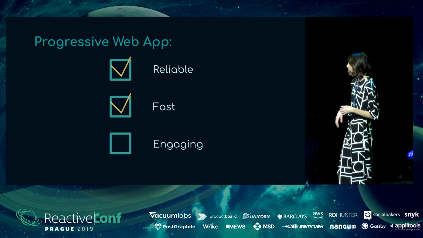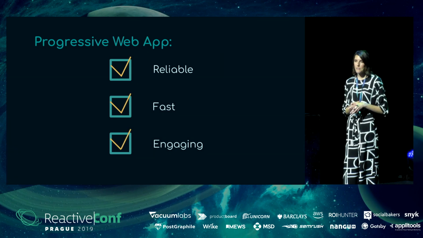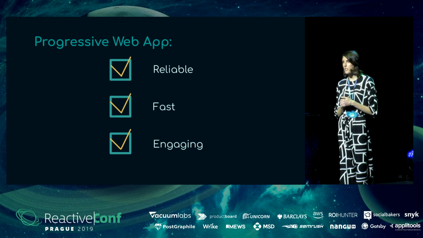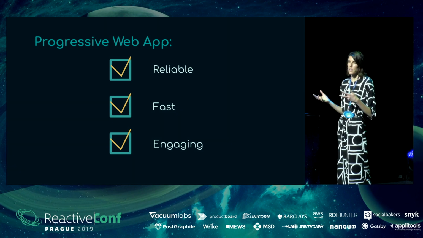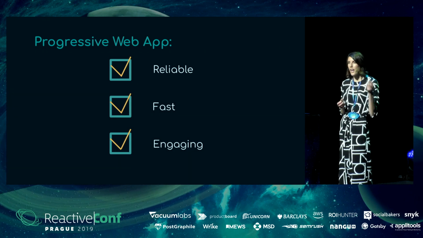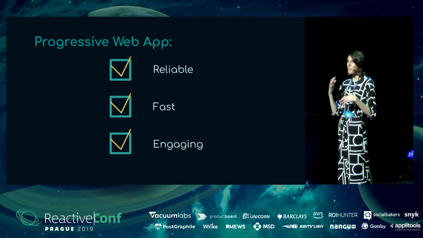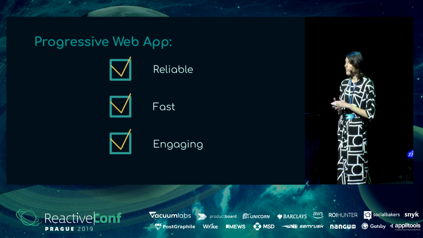And lastly, it should be engaging. So progressive web apps make available certain features that were previously reserved for or only available in native apps. Things like making it available to add to your homepage or push notifications. Things that remind users that your app is still there and that they should be frequenting it regularly.